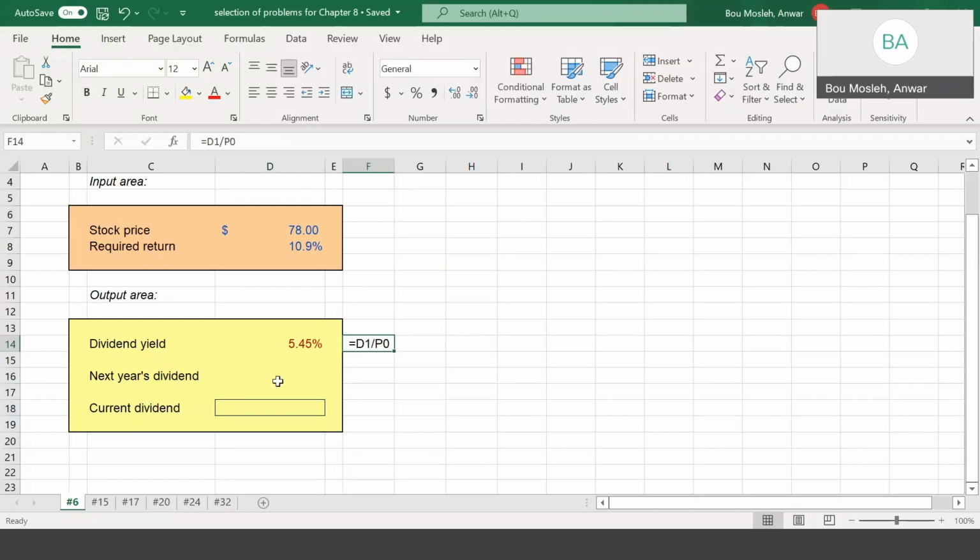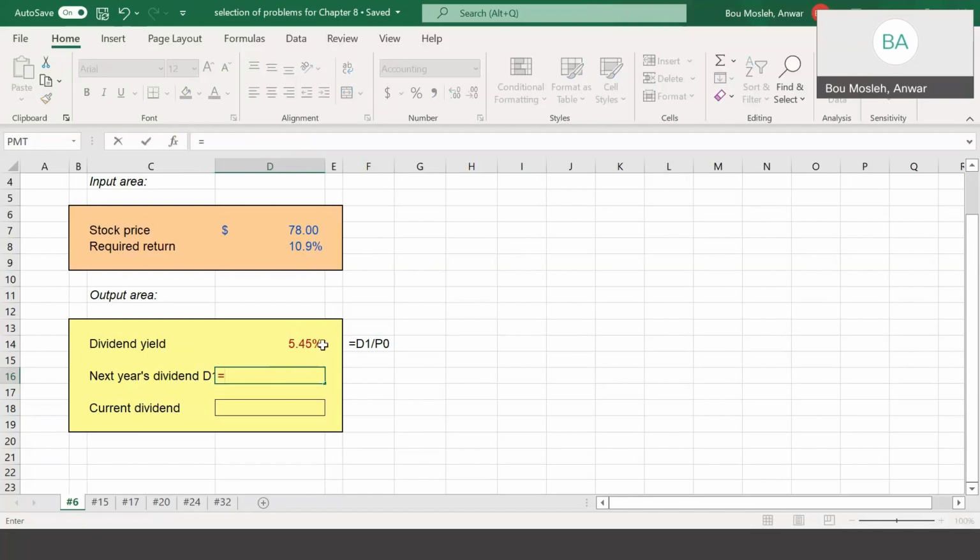So we can obtain D0 if we know D1. And D1 we can get because we know P0 is 78. So basically, D1, so next year's dividends, is equal to this number times P0, so this number times the price of the stock. So I know it's $4.25, D1 next year.